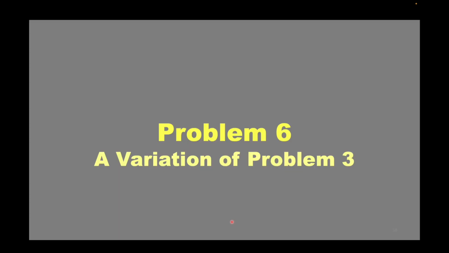Now, we move on to problem 6, which is a variation of problem 3. We use some ideas from problem 5, and problem 5 and problem 6 together would yield a sort of converse of problem 5.